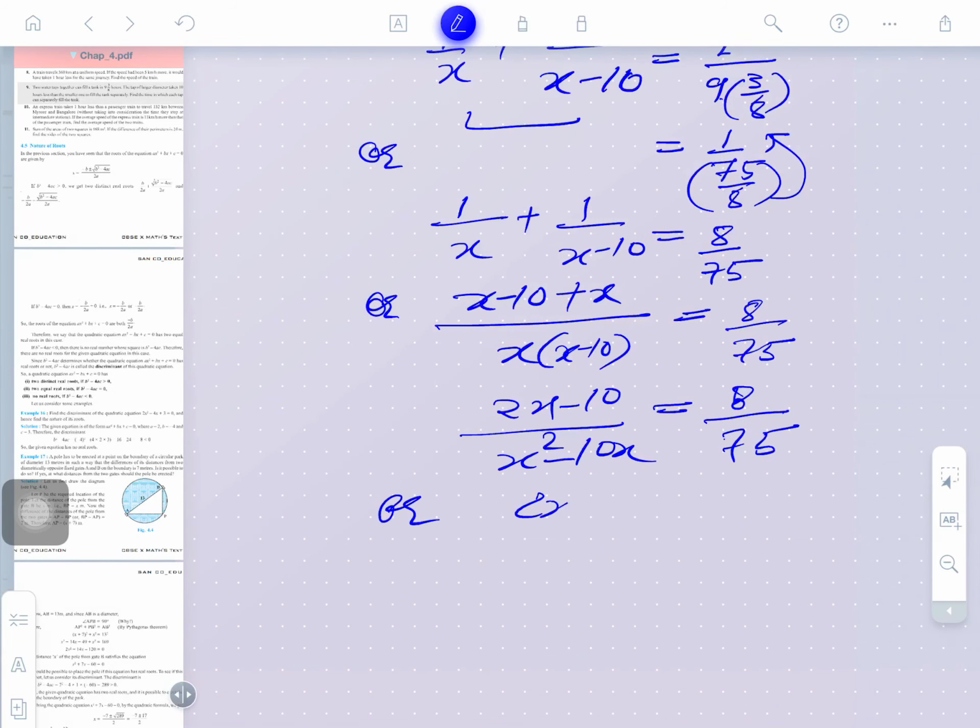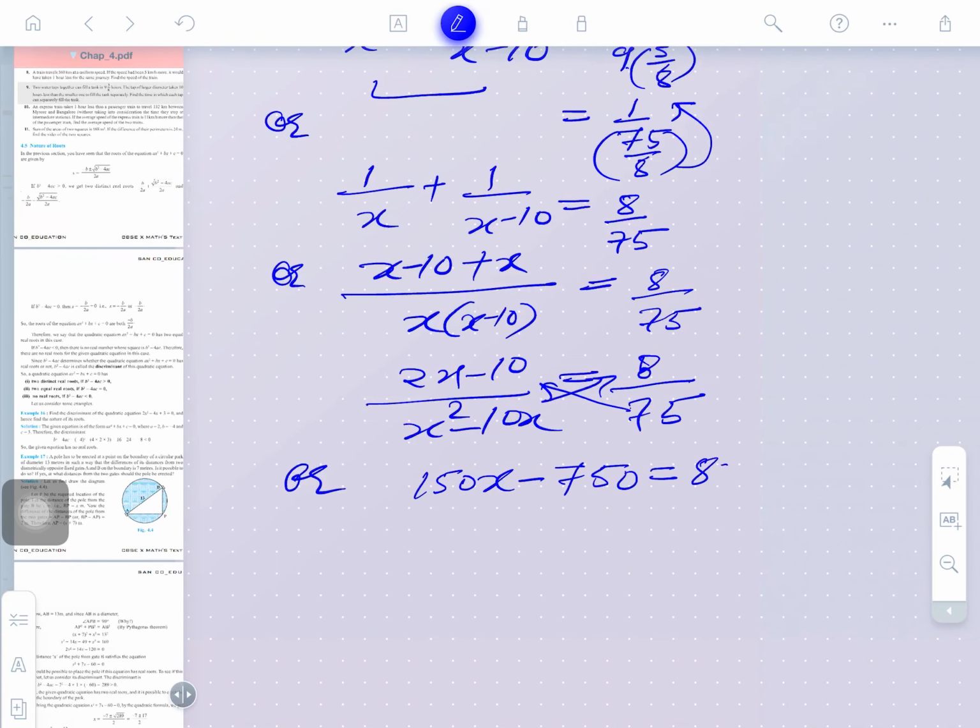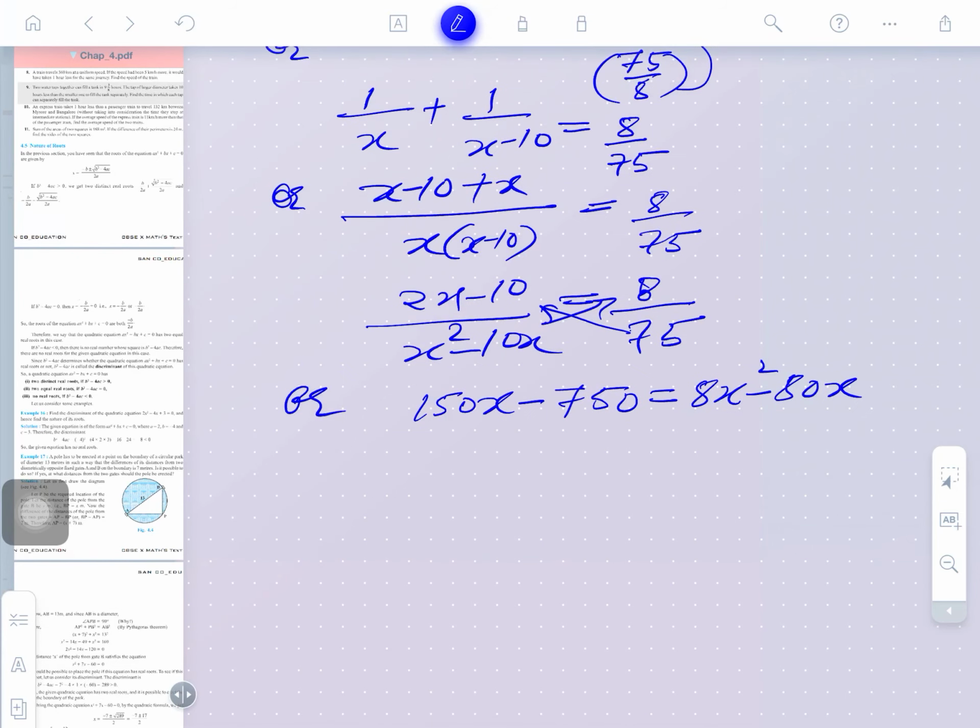And what next is there? 2x minus 10. Cross multiplication can be done here. 150x, 750, 8x square and 80x.